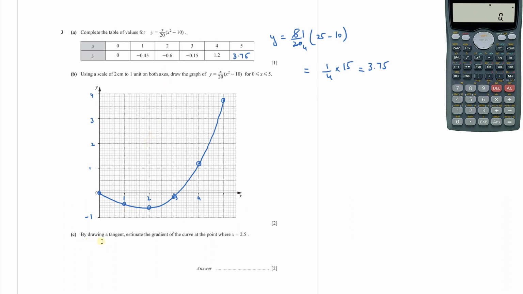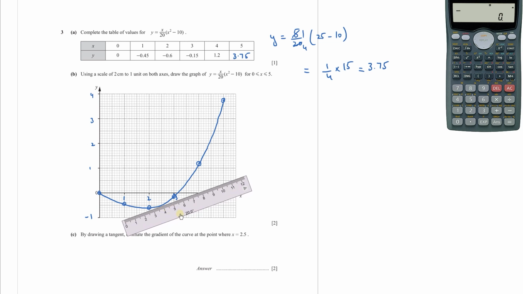Part C is by drawing a tangent, estimate the gradient of the curve at point x equals 2.5. So I will draw a straight line that will be tangent to this curve at this point x equals 2.5. So I'll align my ruler such that the line almost just touches this curve at x equals 2.5.